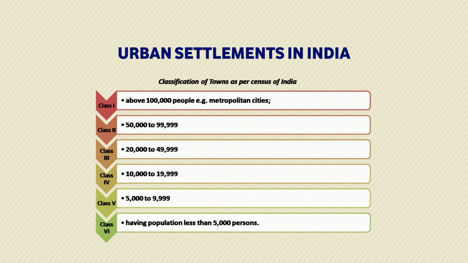Class 4 towns have 10,000 to 19,999. Class 5, 5,000 to 9,999, and class 6 having population less than 5,000 people. If they have other characteristics but less population, then also it can be a town.